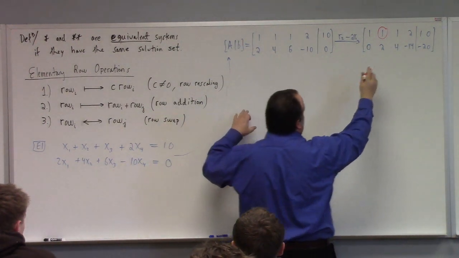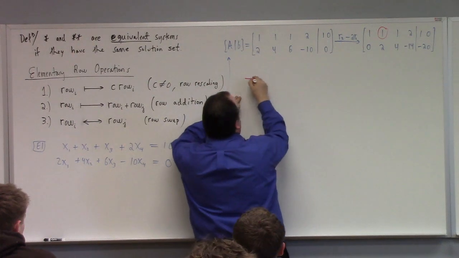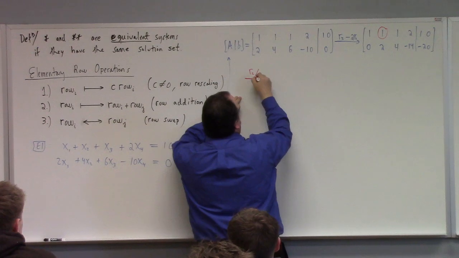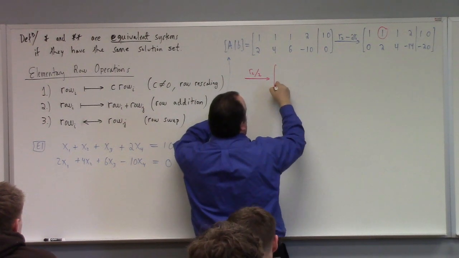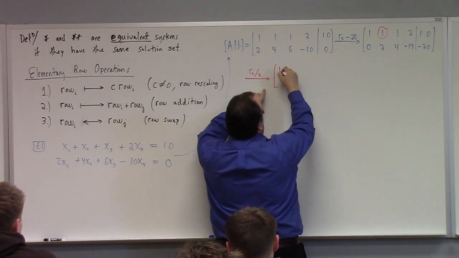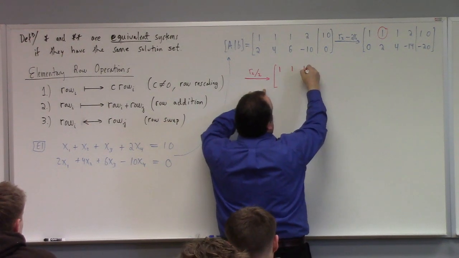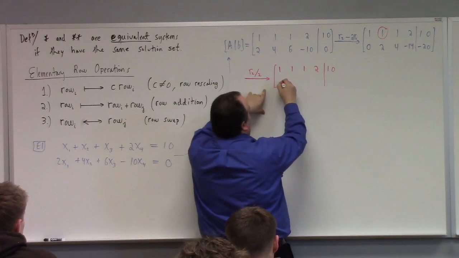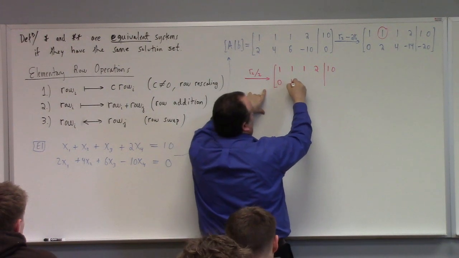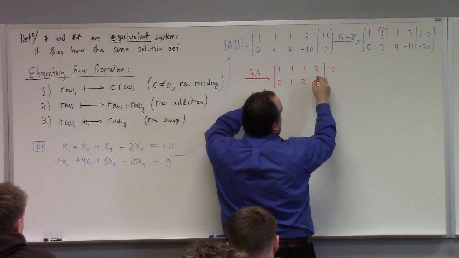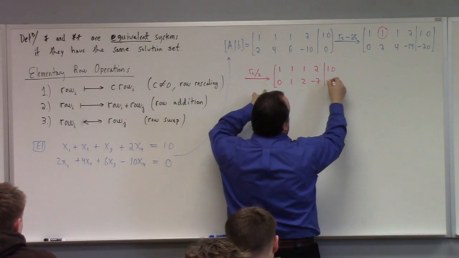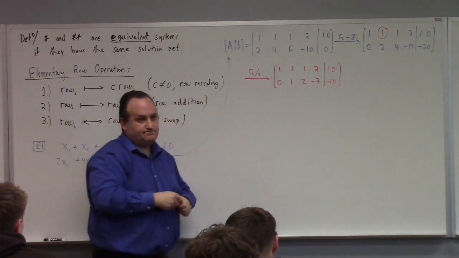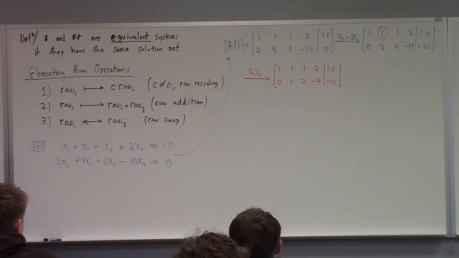But to make things easier, my next thing is I'm going to take row 2 and divide by 2. All right, so I have 1, 1, 1, 2, 10 for my first row. And my second row, I just divided by 2. So I've got 0, 1, 2, minus 7, minus 10. All right, so I did the row rescaling.